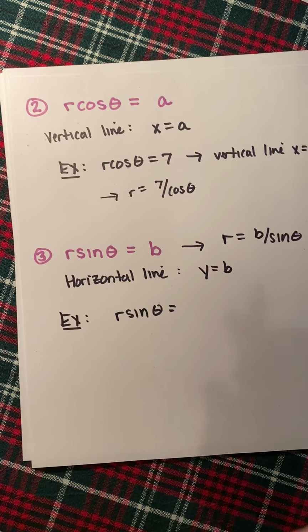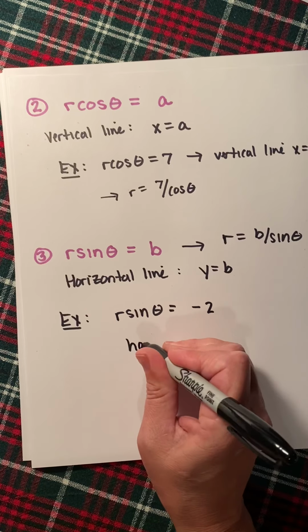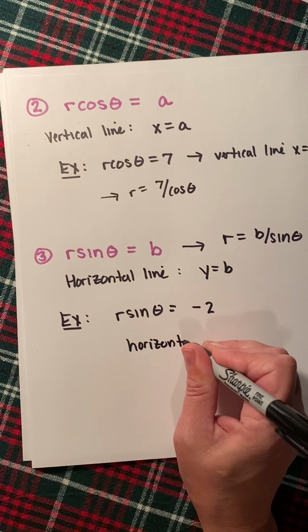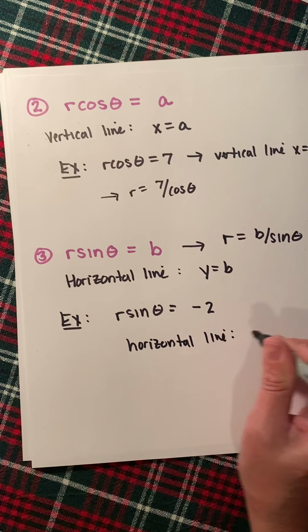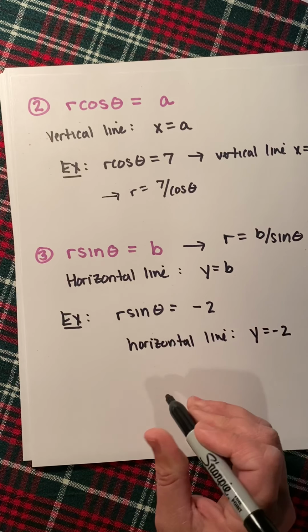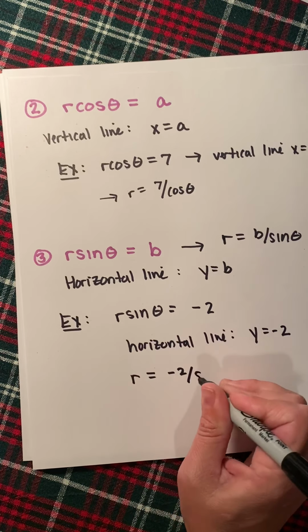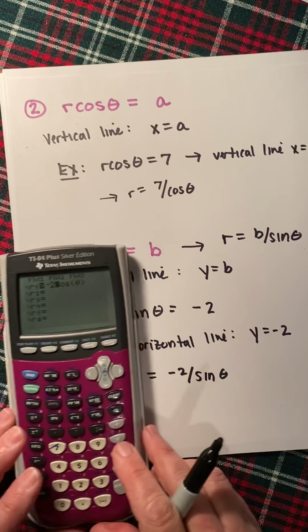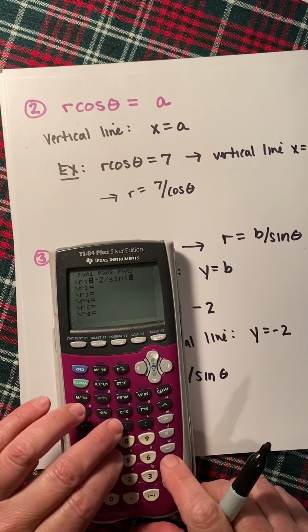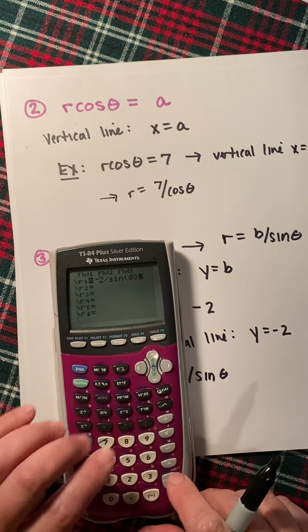B would be my constant, let's just say -2. So this would be a horizontal line y equals -2. If we are to graph this, we would have to graph -2 over the sine of theta because its input's asking it in terms of r. So if we were to change this to r equals -2 divided by the sine of theta, and we graphed it, there it is, horizontal line through -2.